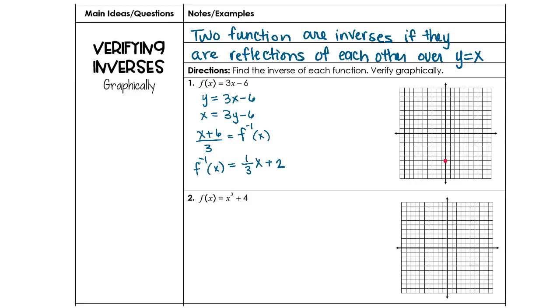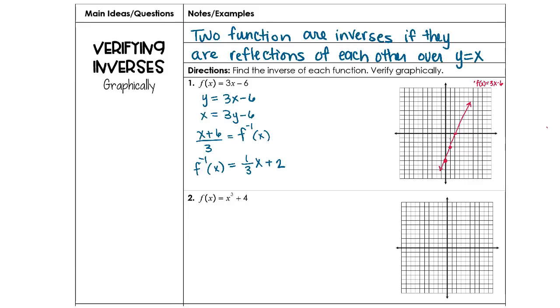So we're going to go up 3/1, up 3/1. And so we're going to connect those dots. And we're going to have this particular line here. So there's our first line. And again, that one was f of x equals 3x minus 6.